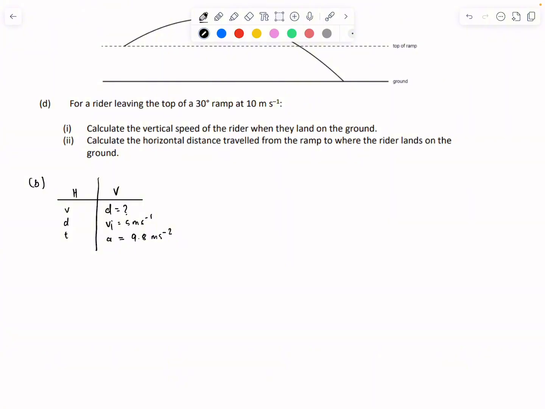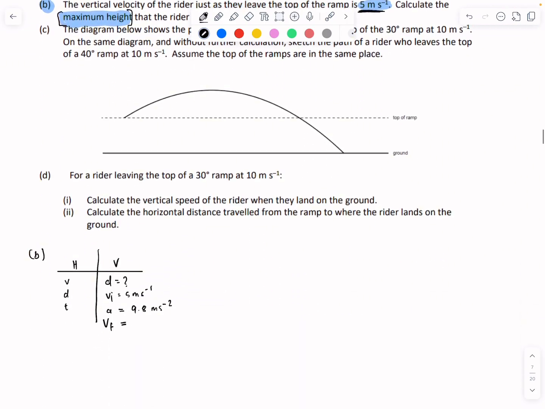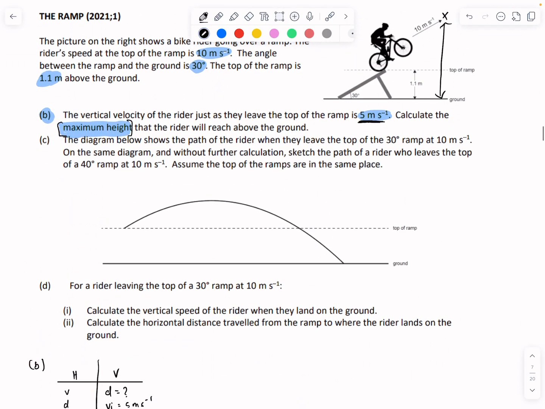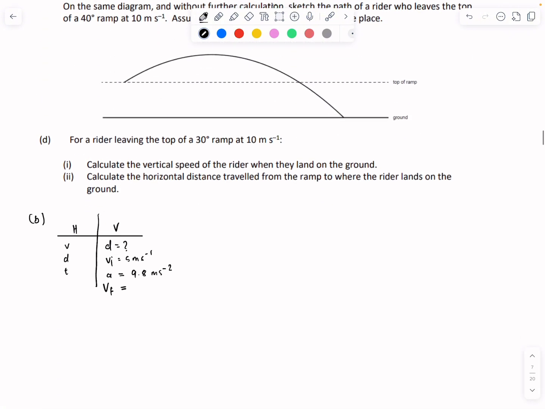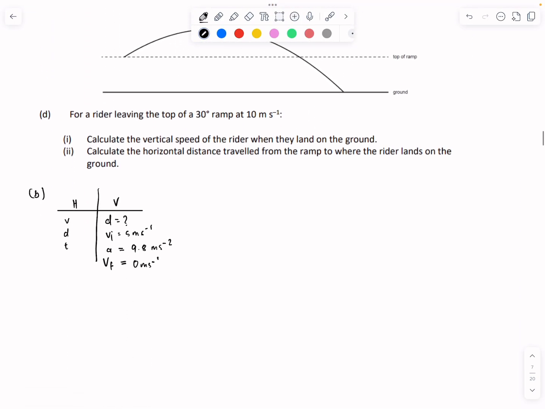And vertical velocity right at the tippy top, we can make that our final velocity because we're only measuring how high it goes to the top point here. So the velocity at the top, VF, is going to be 0. And I guess that's all we need to work out our maximum height, our distance.